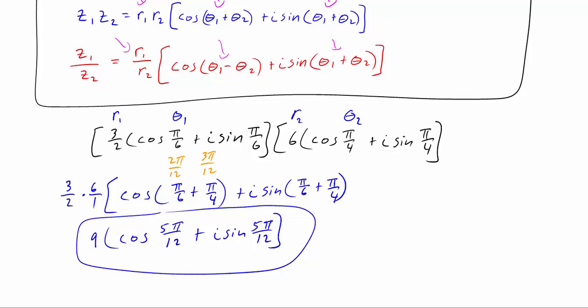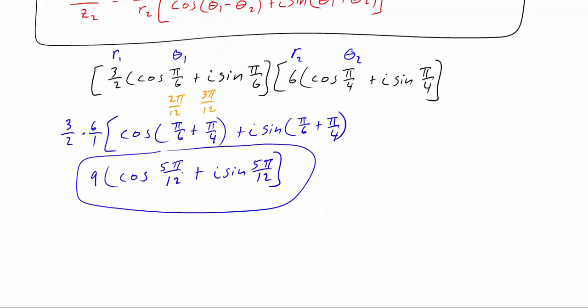Now there is a little bit of a shorthand notation that I use to write this. Instead of writing cosine 5 pi over 12 plus i sine of 5 pi over 12, since they're the same angle, it's a lot easier. You may see me later on abbreviate this. Instead of saying cosine i sine, I'm just going to write CIS 5 pi over 12.